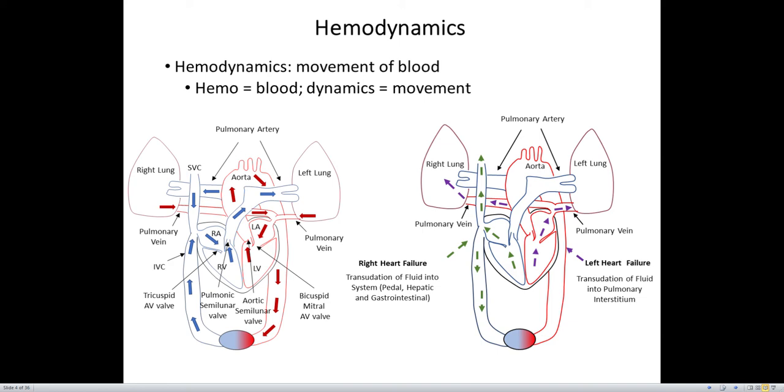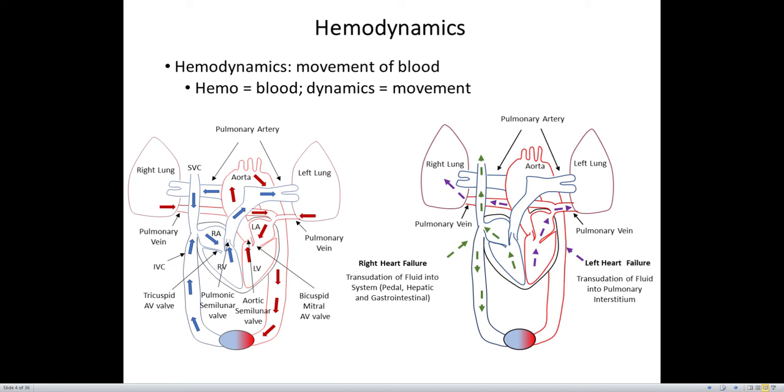When we look at the right-sided figure, the blood flow is still the same, but this figure is depicting what pressure changes occur during right versus left heart failure. So if we look at the green arrow in the right ventricle, if the right ventricle is in failure, that means it's having difficulty pushing blood forward. So we either have poor forward flow of blood and/or backward flow of blood, or both.